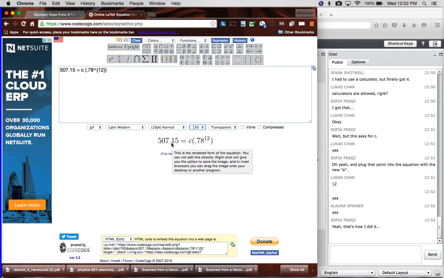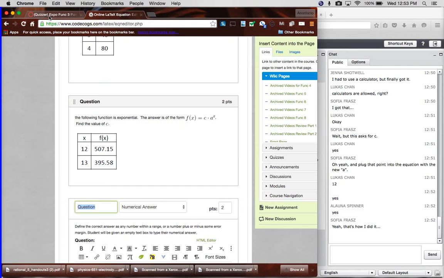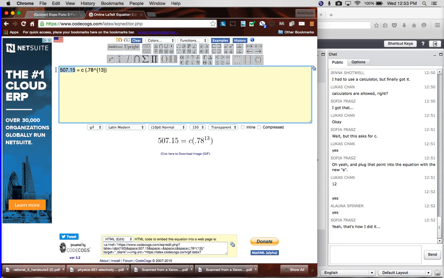All I did was plug in the two numbers that they gave me. This thing is 12. This thing is 507.15. I could use a 13 here and I will get the same answer. The only difference is I have to plug in 395.58. Are we cool?